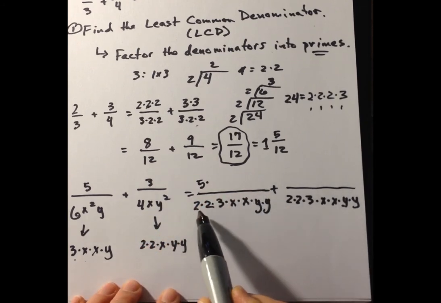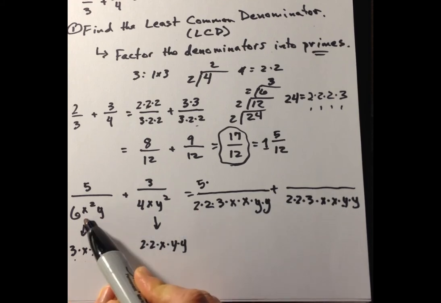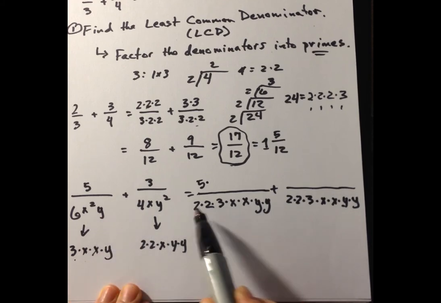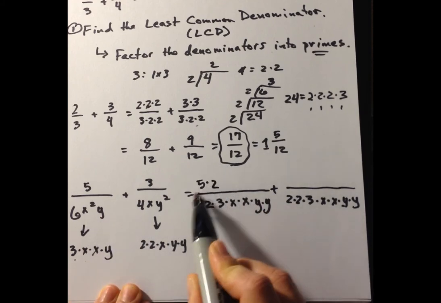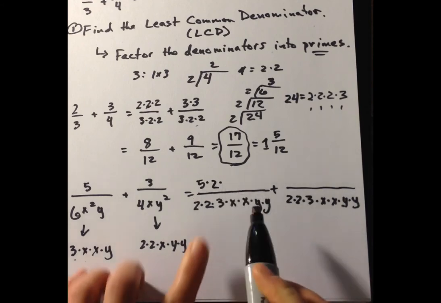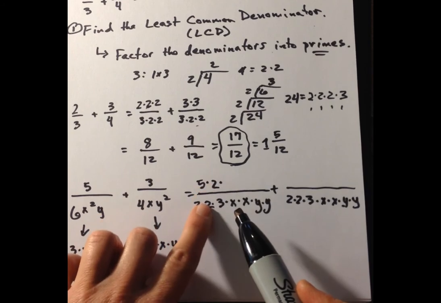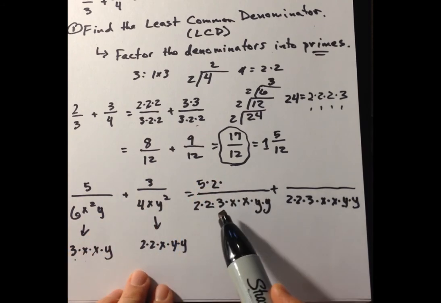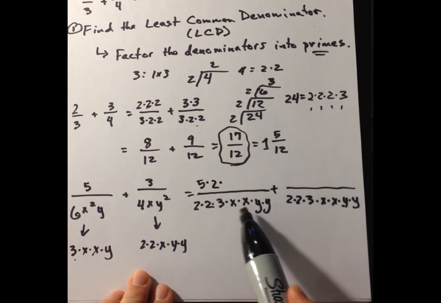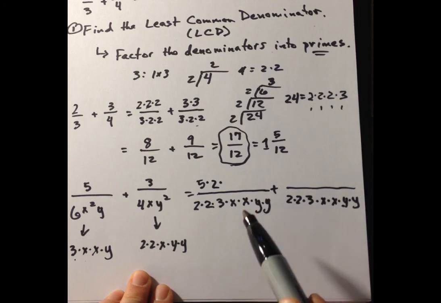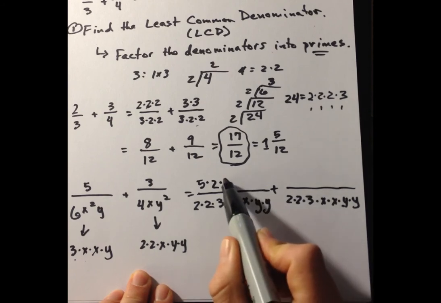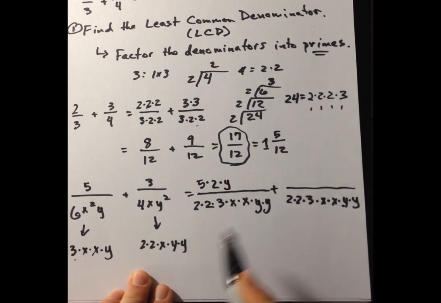So down here, I multiplied my original denominator by another factor of 2. Okay, this 5 is my original numerator. So I have to multiply by a factor of 2 so that they cancel top and bottom. I multiplied by also another factor of y down here, so I've got to do that on top.